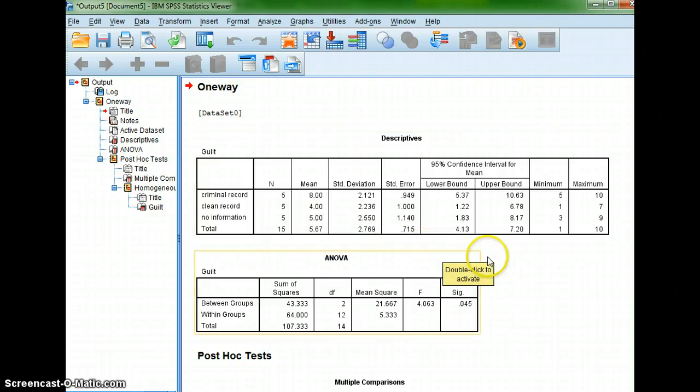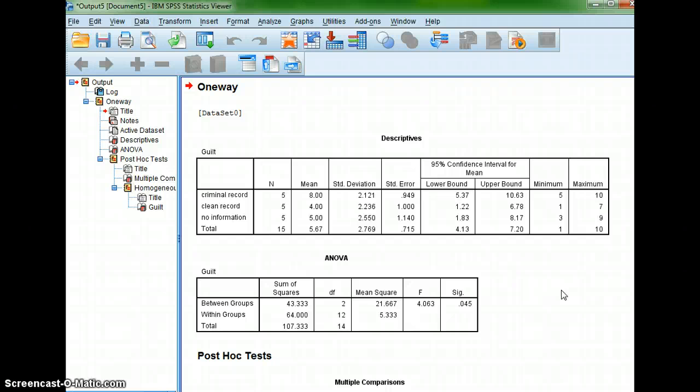So now what we're going to do with our analysis of variance is see whether or not we can reject the null hypothesis, which would be that there would be no difference in their scores, or the alternative hypothesis, which would be that there is a difference.